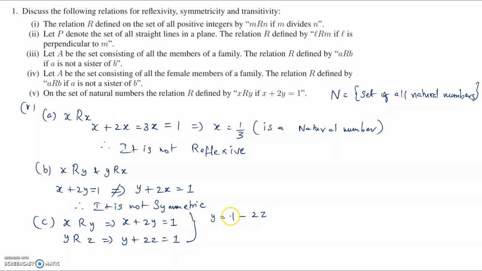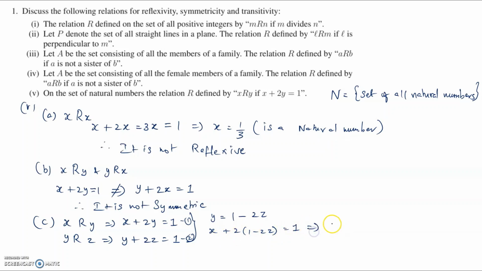Let's substitute that into the first equation. So let me call these 1 and 2. Applying it on 1, you get x plus 2 into 1 minus 2z is equal to 1.